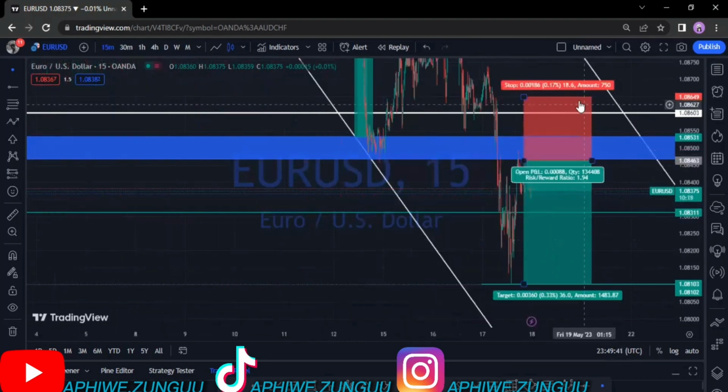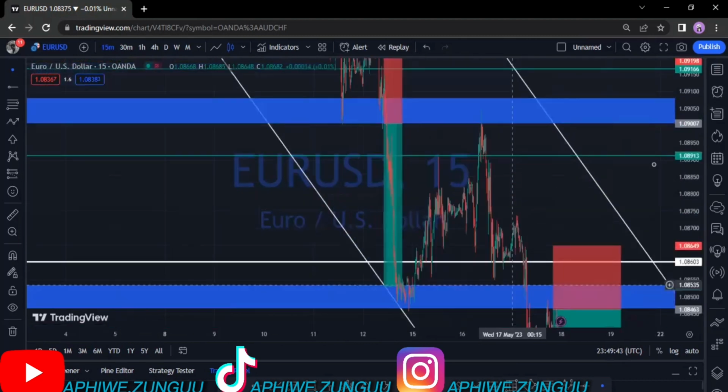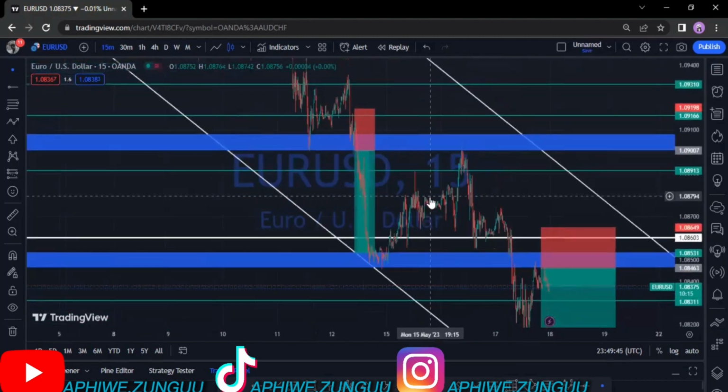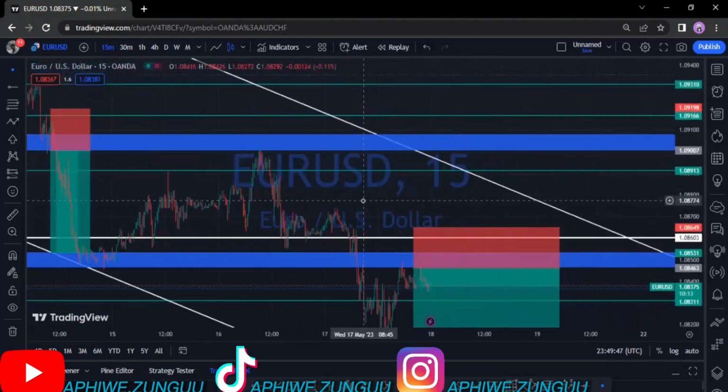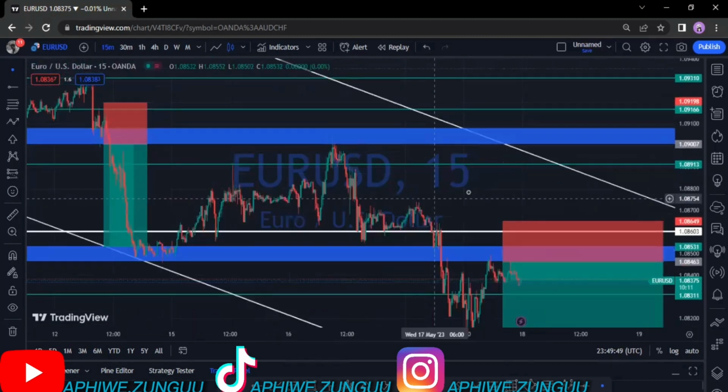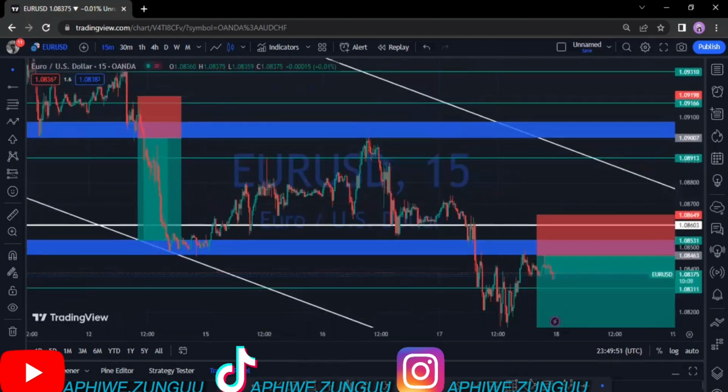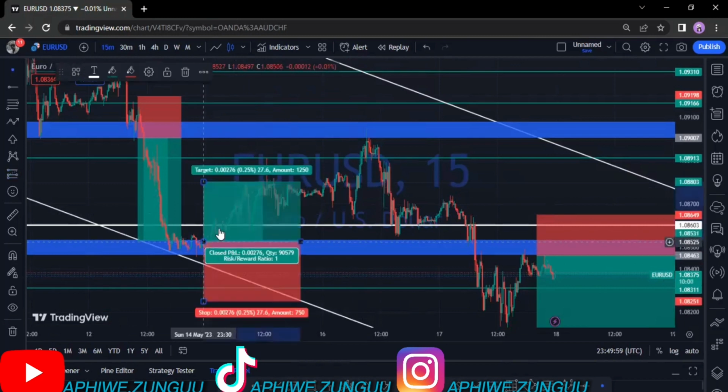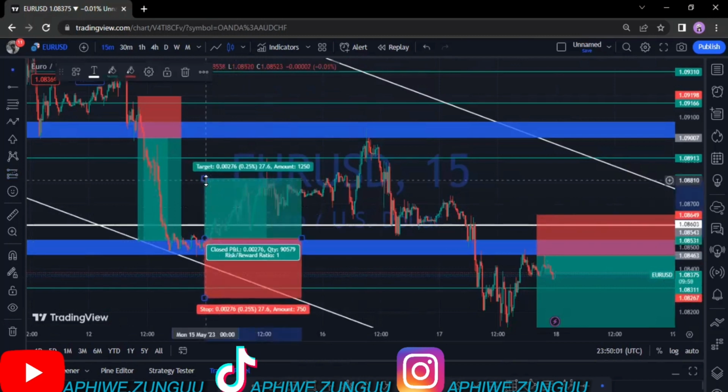And also, when entering a trade, at support, you buy. At resistance, you sell. Support, you do what? You buy. At resistance, you sell.